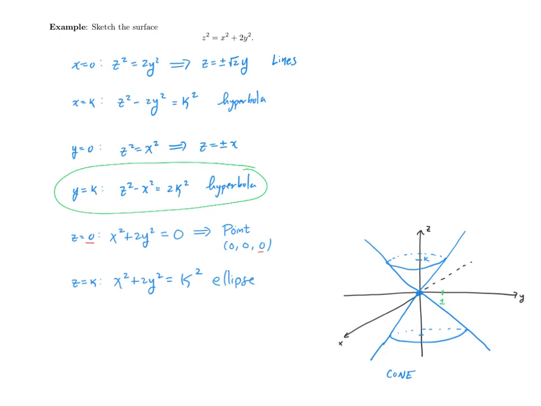If we wanted to get the y equals k trace, you will have a hyperbola which opens up in the z direction, and roughly speaking, it's going to sit on our cone, and open upward and open downward. And we could do similar things for the x equals k hyperbola. It's just a bit more difficult for me to sketch those accurately. But hopefully this allows you to see where those actually sit inside our surface.